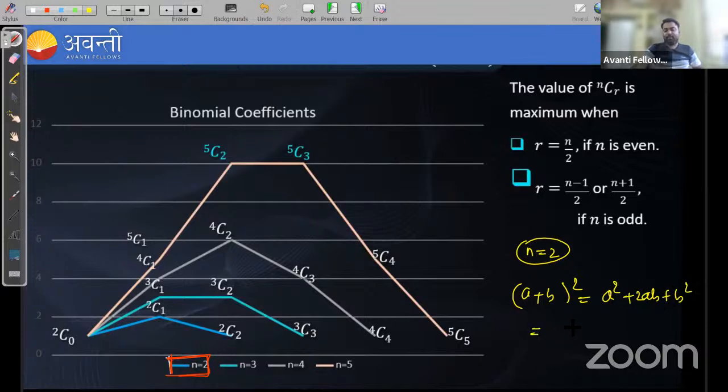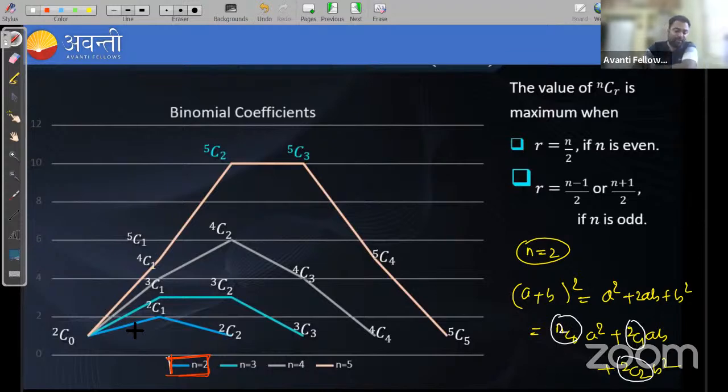So the binomial coefficients are 2C0 a square plus 2C1 ab plus 2C2 b square. So these are my binomial coefficients: 2C0, 2C1 and 2C2.